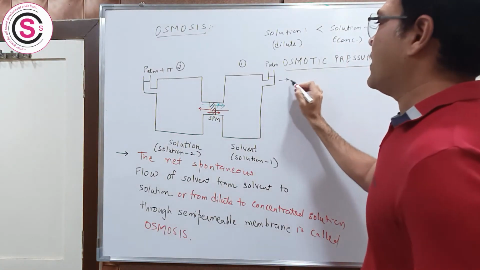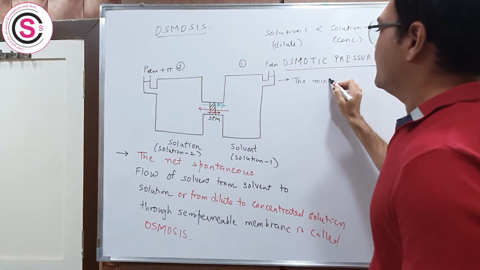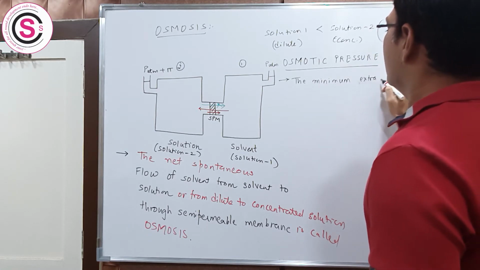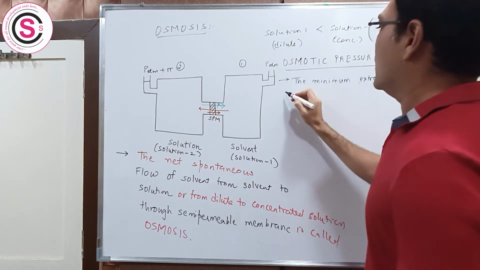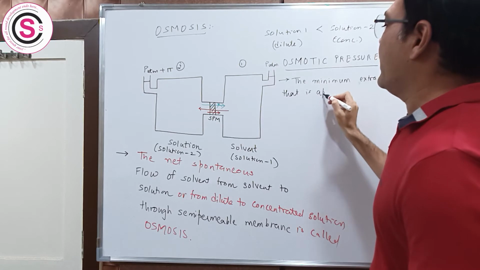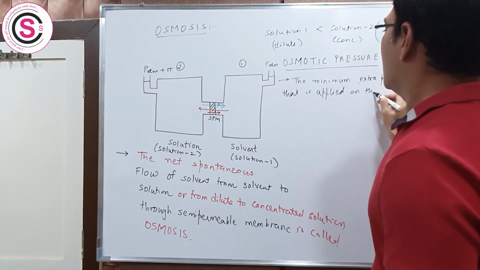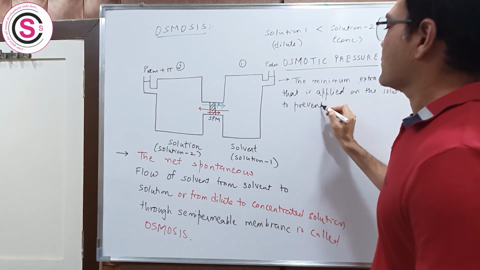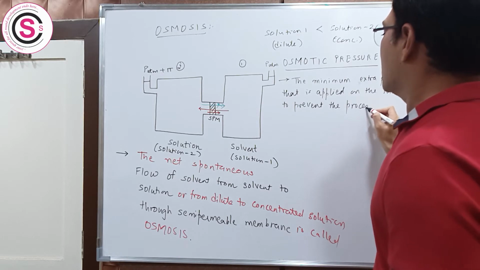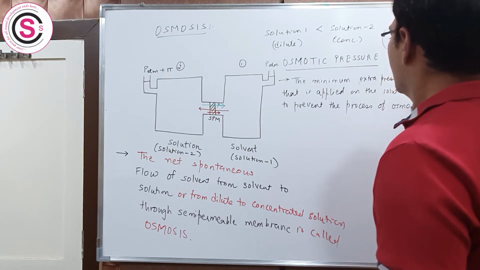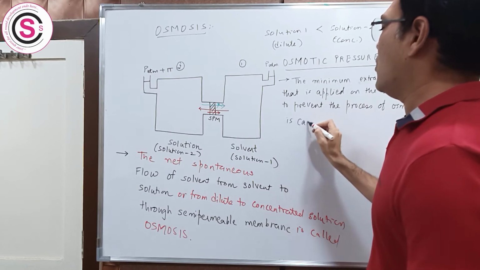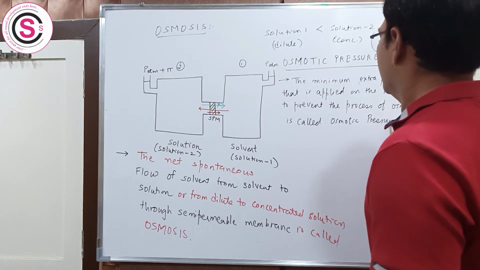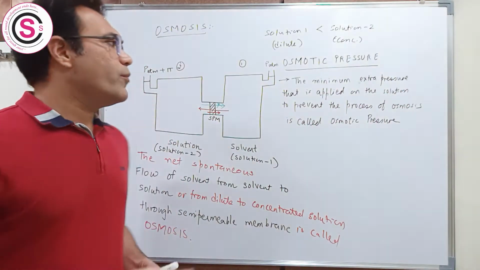Osmotic pressure, students, is defined as the minimum extra pressure that is applied on the solution to prevent the process of osmosis is called osmotic pressure. Correct?